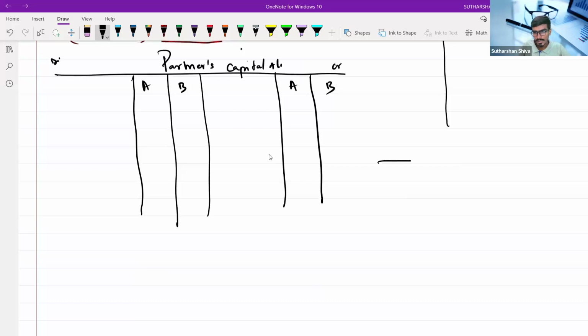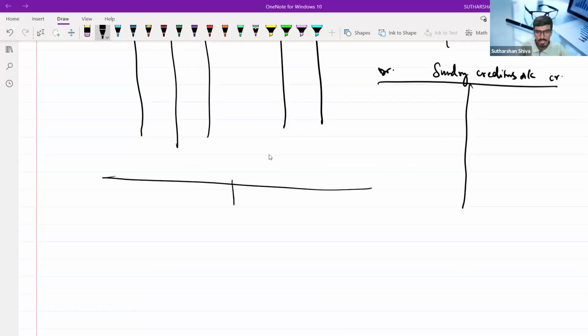Next one is the sundry creditors account. Because dissolution means closing all the ledger accounts. The ledger accounts that are not closed, we are going to close. If there is any deficiency, at that time we will open a deficiency account.